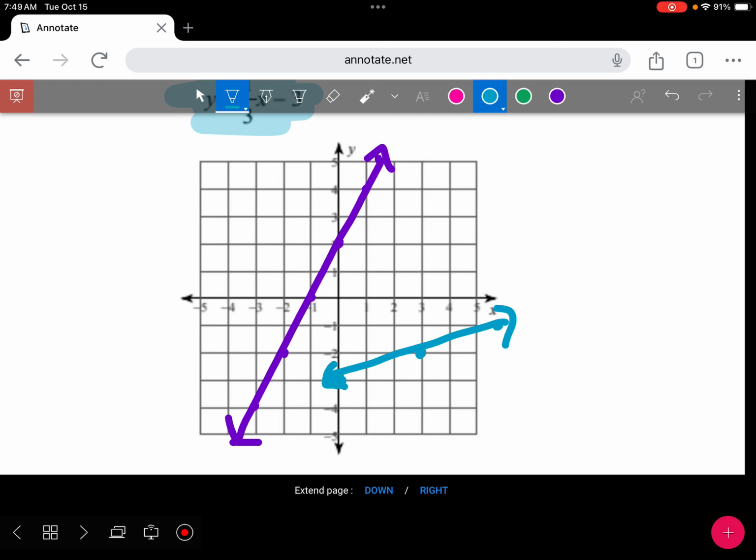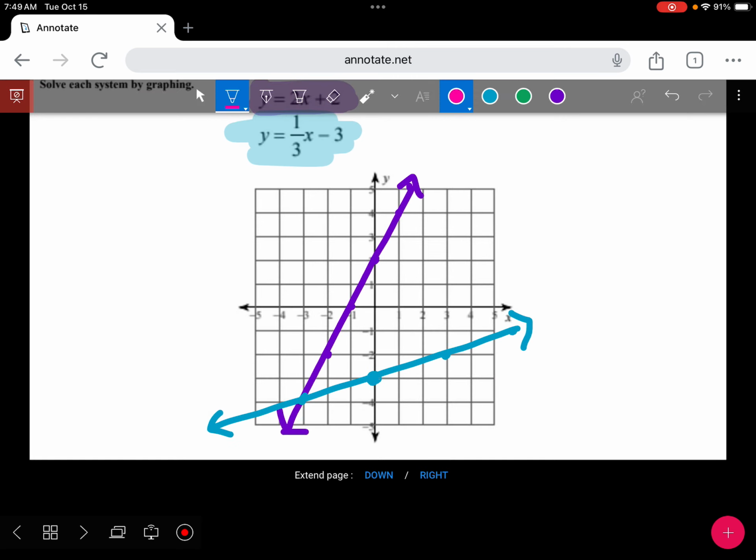We need to make sure we go from edge of graph to edge of graph as far as our line will let us. Because then we can actually read where it's going to cross instead of trying to guess. I promise there are reasons when I'm petty about something. I don't do it just to be mean. It's more work for me.